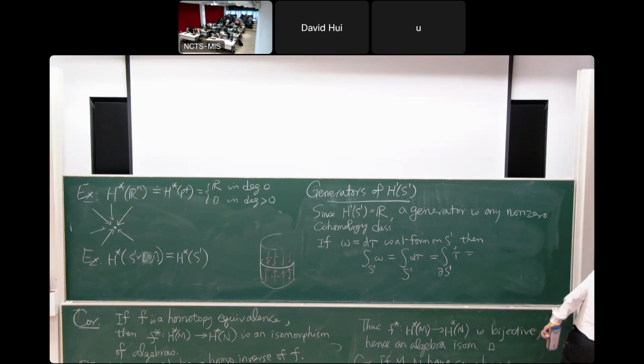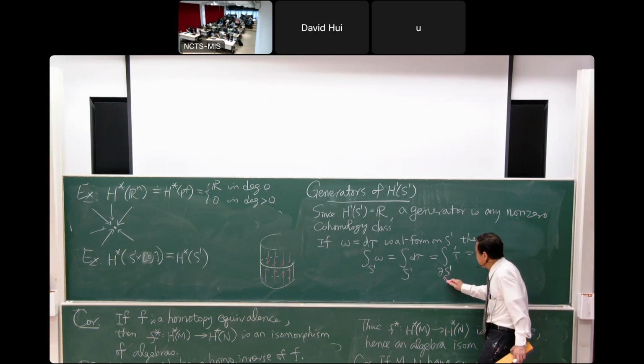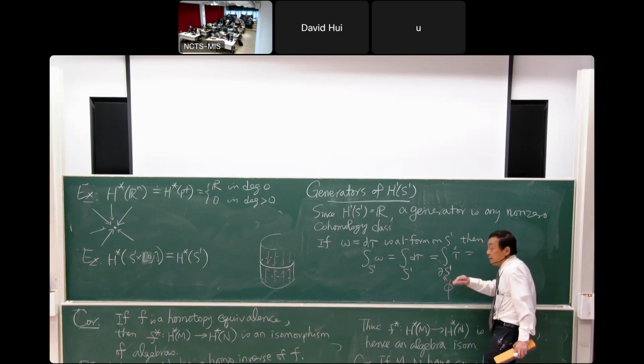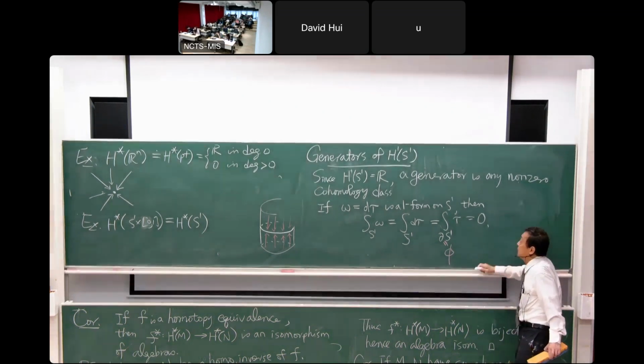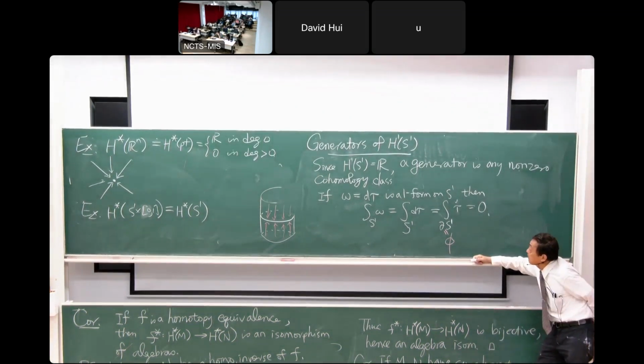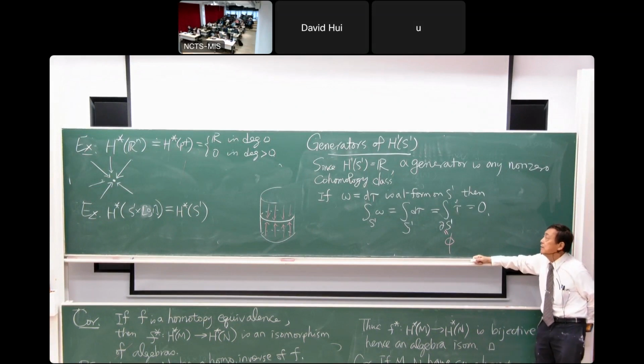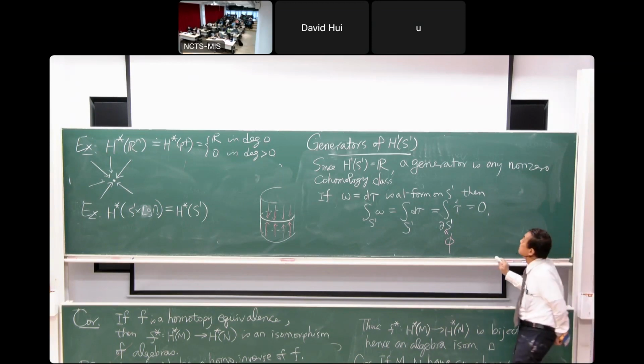So the boundary of S1 is the empty set. And if you integrate over the empty set, you get 0, okay? So if you have an exact one form, its integral will be 0. And therefore, a generator is represented by any one form whose integral is not 0. Okay?